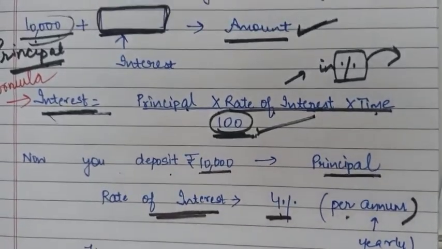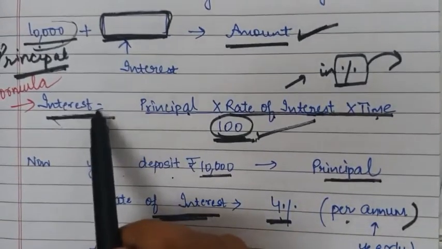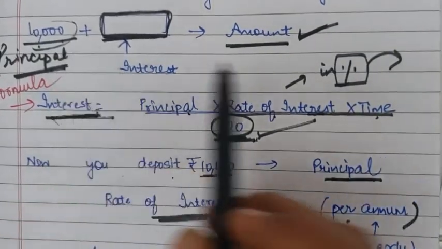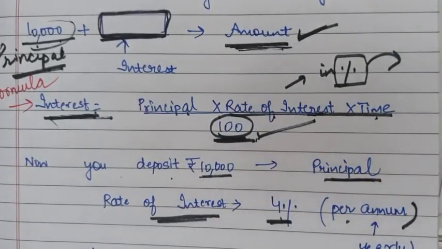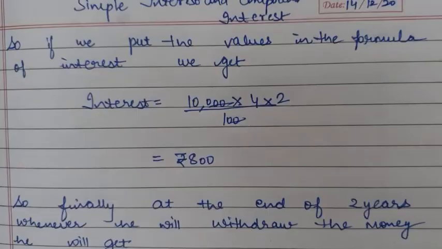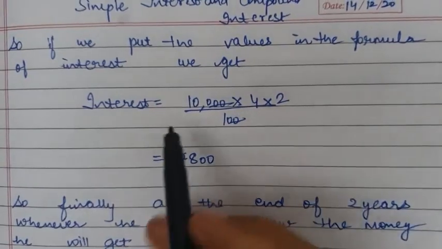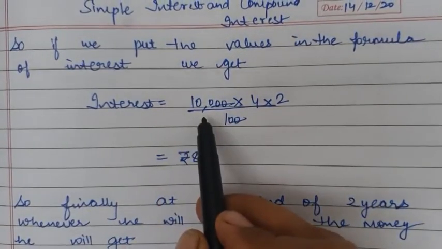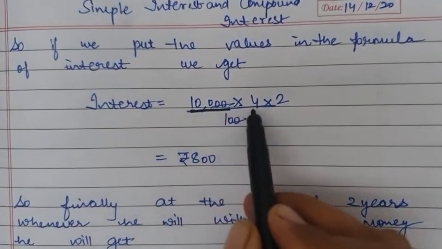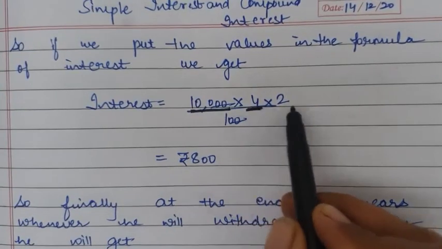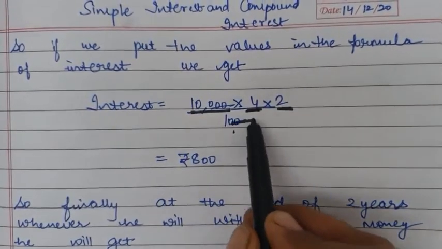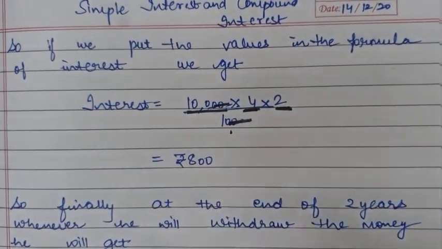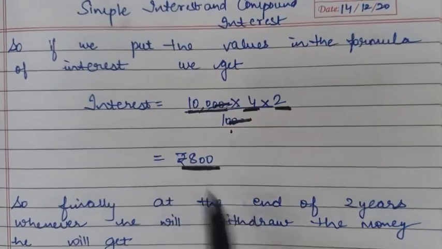And if we add interest to the principal, finally we will get an amount. Clear, children? So, we have put the values here. Principal multiply rate of interest multiply time upon 100. 2 zeros cancel out. So we get 800 rupees.